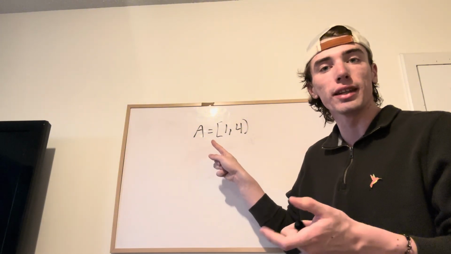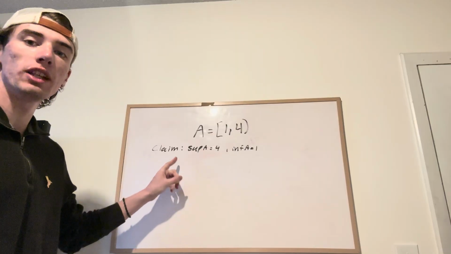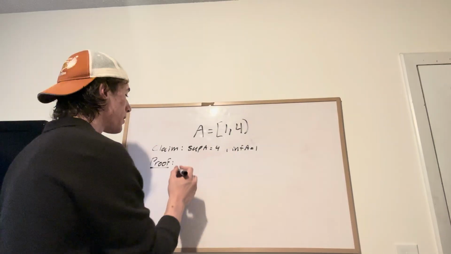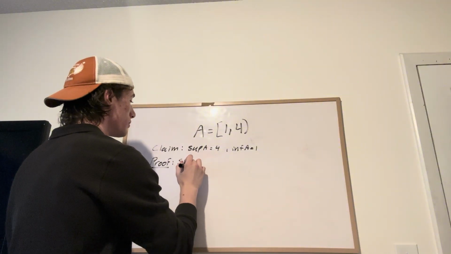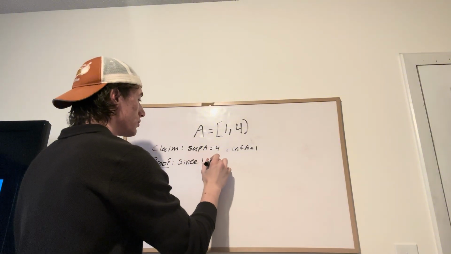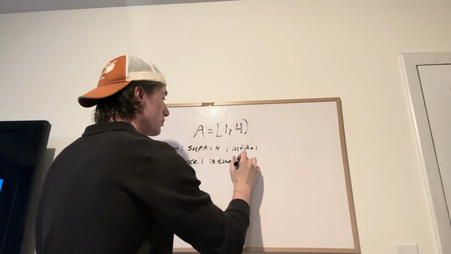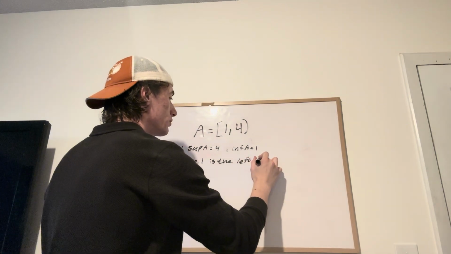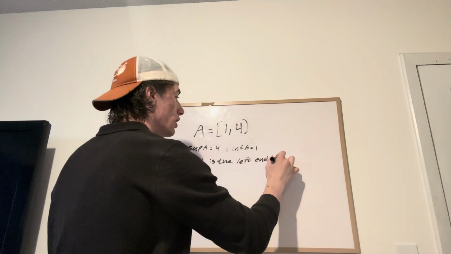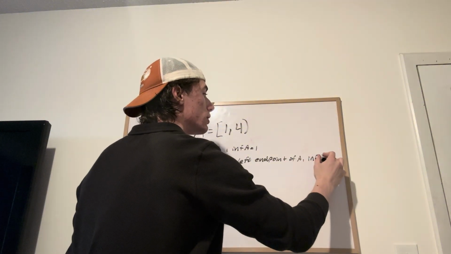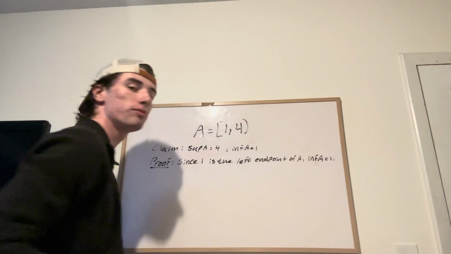So the proof goes like this. I'm just claiming here that I believe the supremum of A is 4 and the infimum of A is 1. Since 1 is the left endpoint of A, the infimum of A must equal 1.